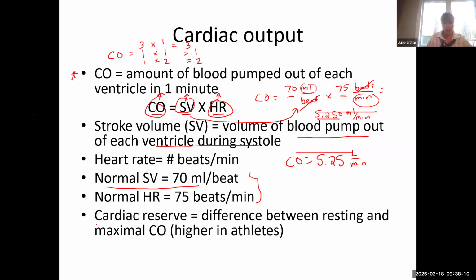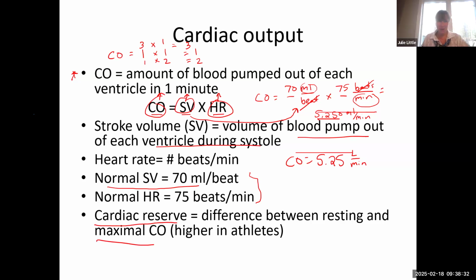Now, the term cardiac reserve is the difference between our resting cardiac output. If I'm sitting here pumping 5.25 liters of blood per minute through my left ventricle and my right ventricle, then my cardiac reserve would be the difference between that number and my maximal cardiac output.